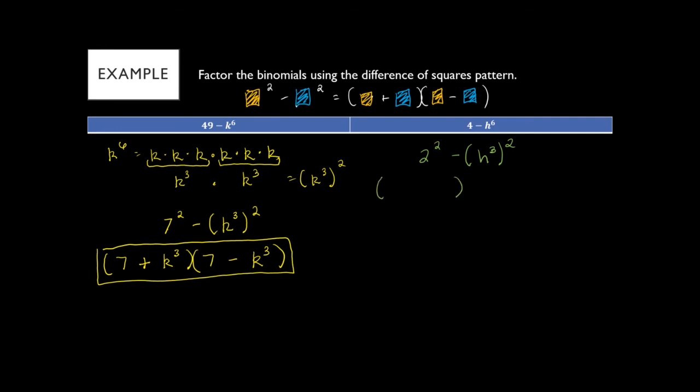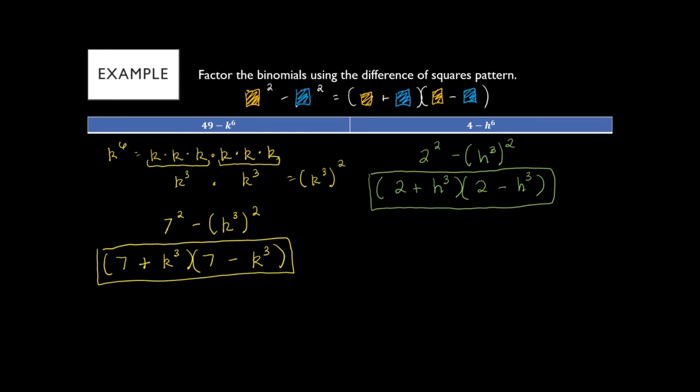And so then when we factor, the 2 goes in front, h cubed goes in the back. And again, I can't go further because we have a plus. There's no rule for that. And then with the minus, we can't take the square root of 2, and we have an odd exponent on our h, so it doesn't fit the difference of squares.